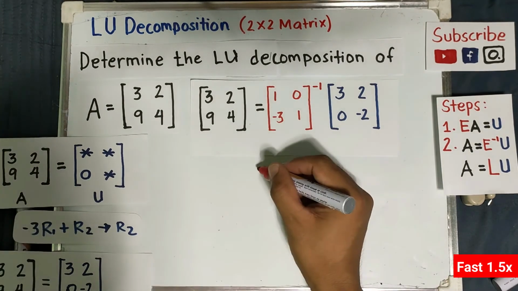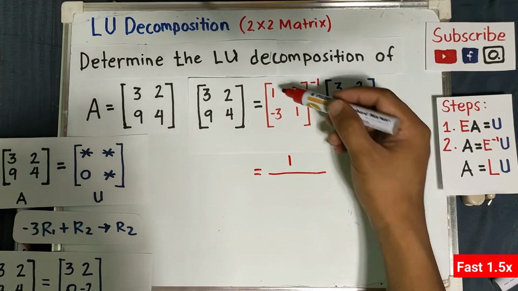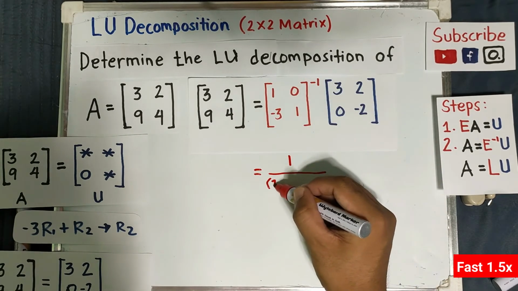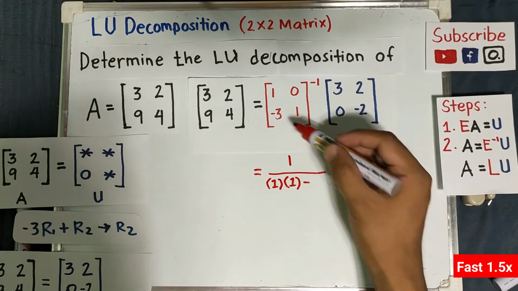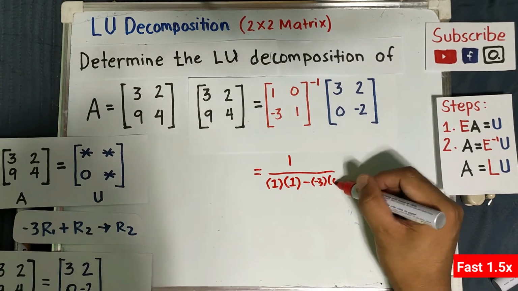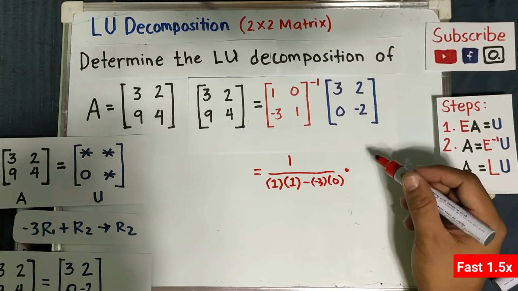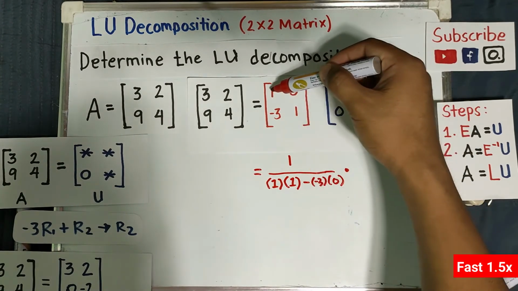The inverse is 1 over (1 times 1 minus -3 times 0), multiplied by this matrix, but let us swap the numbers. These 1 and 1 we swap.